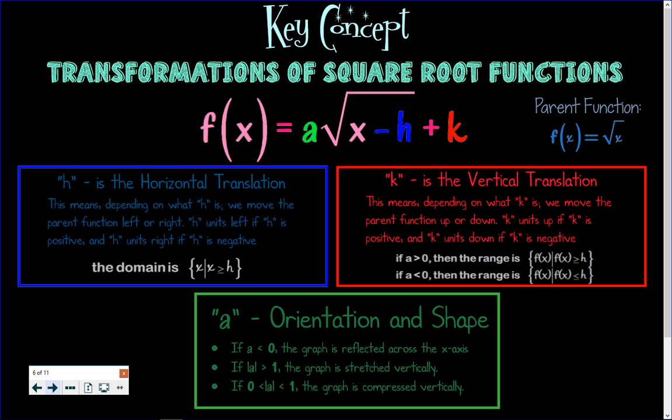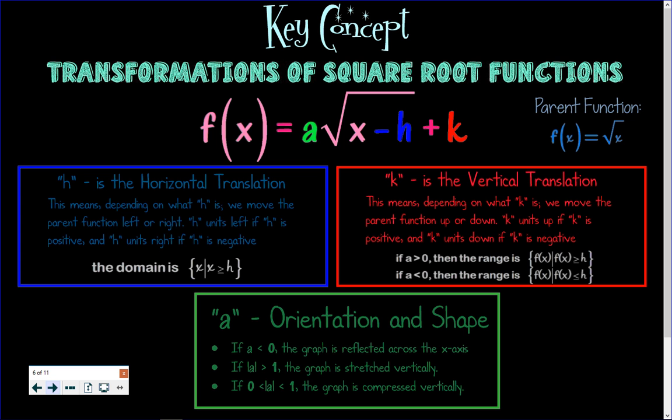But X is still increasing, and as X increases, Y is still increasing also, only in little minute pieces. Everybody understand?